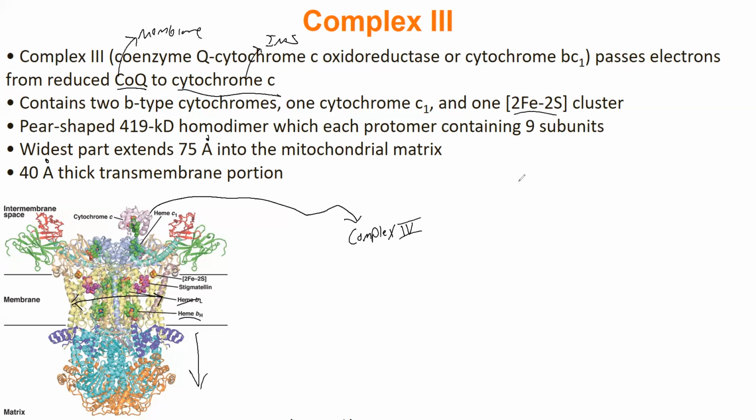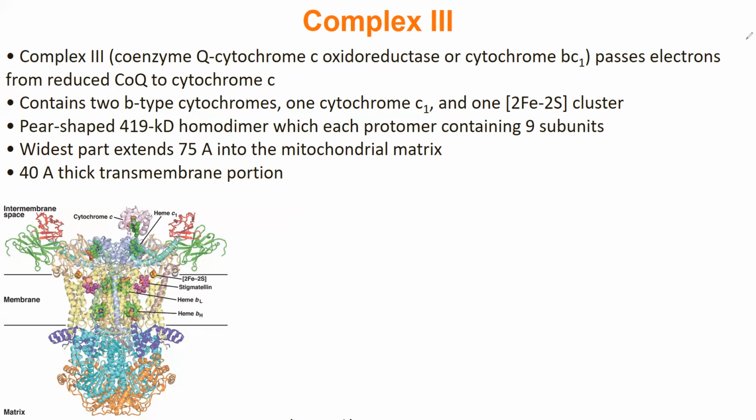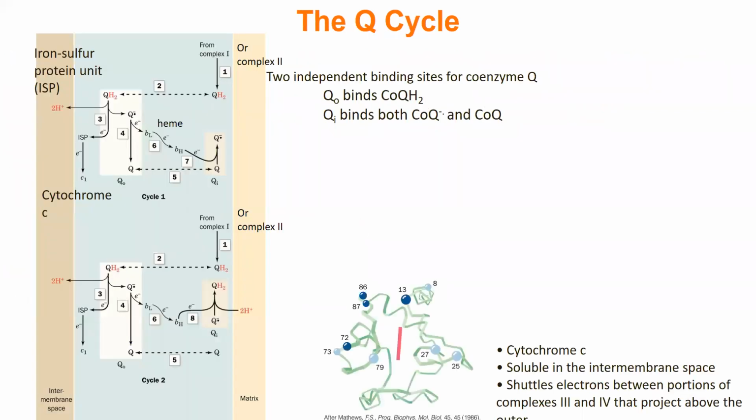So let's actually look at how complex 3 works in something called the Q cycle. Okay. So what we're looking at here is a schematic version of complex 3.